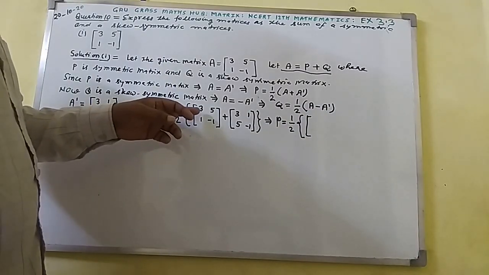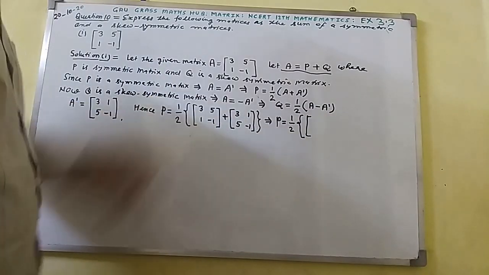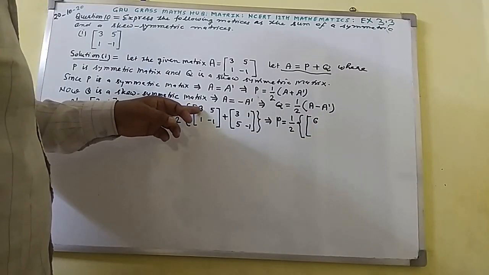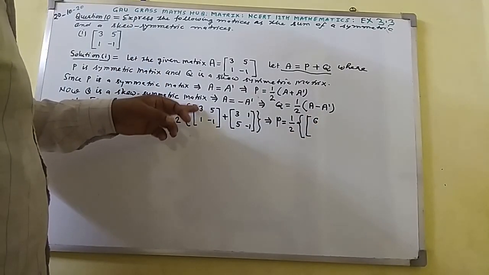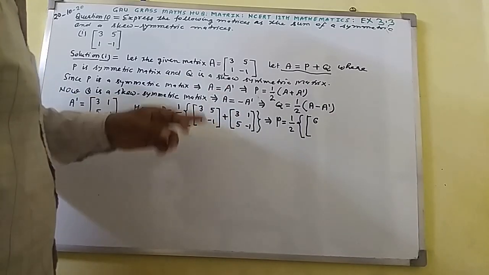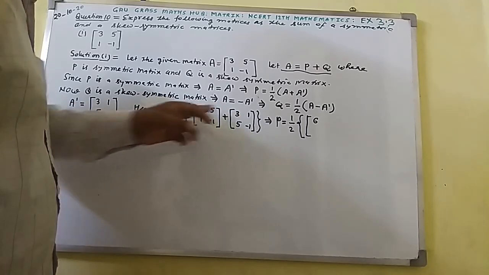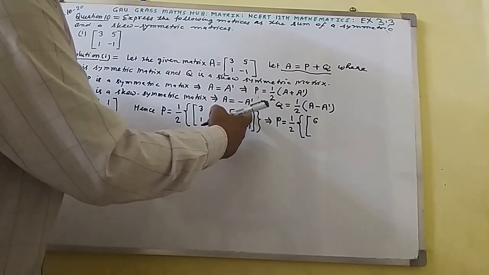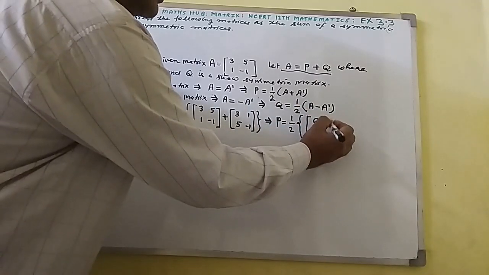Respective elements, you can see 3 plus 3, we will get here 6. The respective element of 3 here will be the element 3 here. So both will be taken together. So 3 plus 3 we get 6. And here 5 plus 1 we get 6.